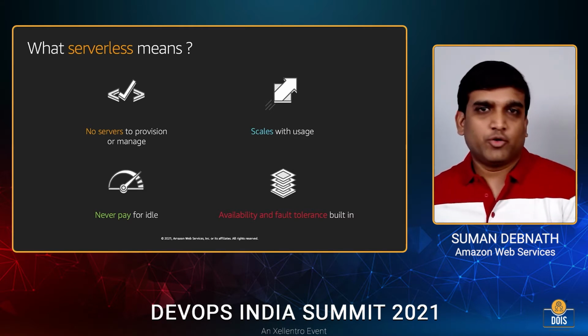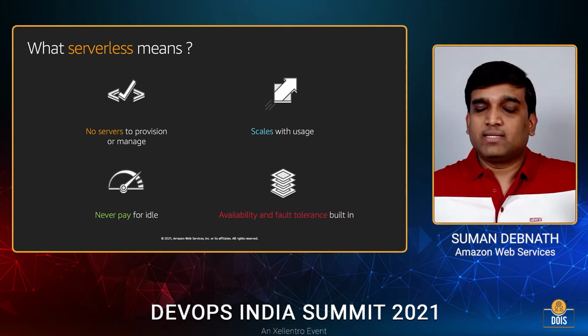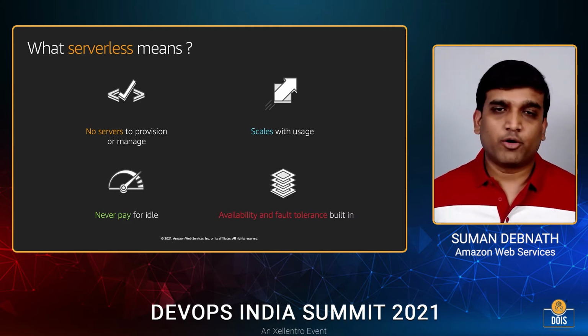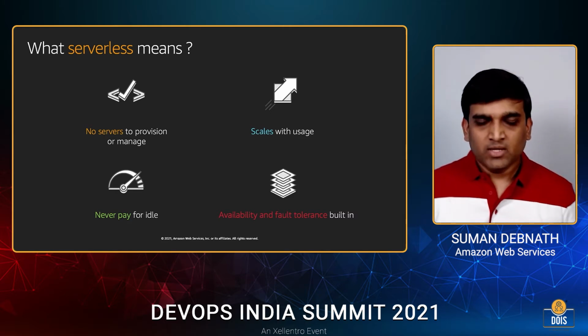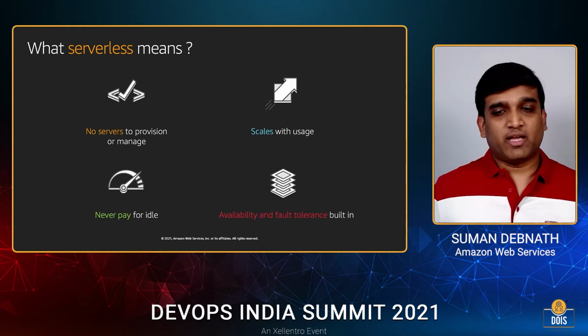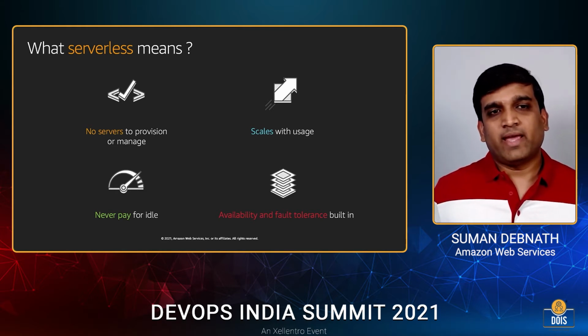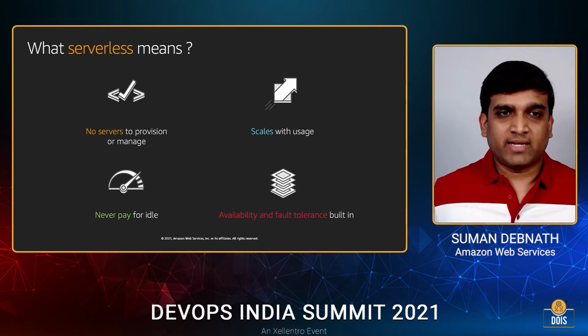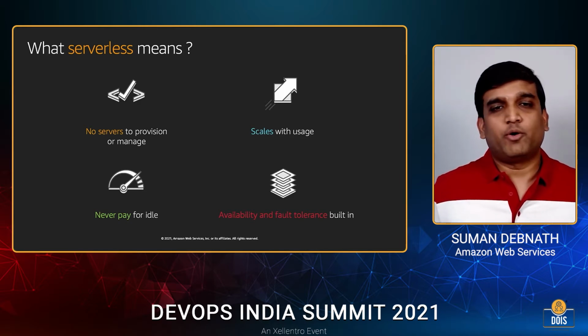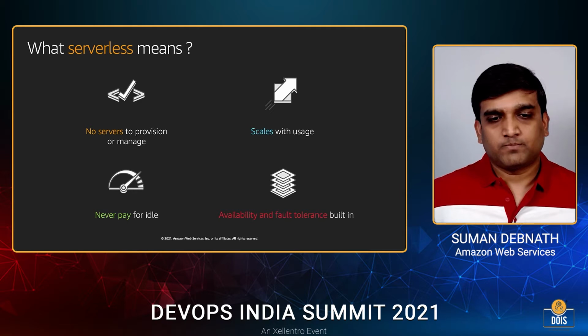In serverless, you don't have to do that because it will automatically scale based on the workload on your application. And lastly, you don't have to worry about availability and fault tolerance because that is inbuilt in any of the services that we have within AWS, and you don't have to worry about redundancy and all of that. All of those things are taken care of on the cloud.